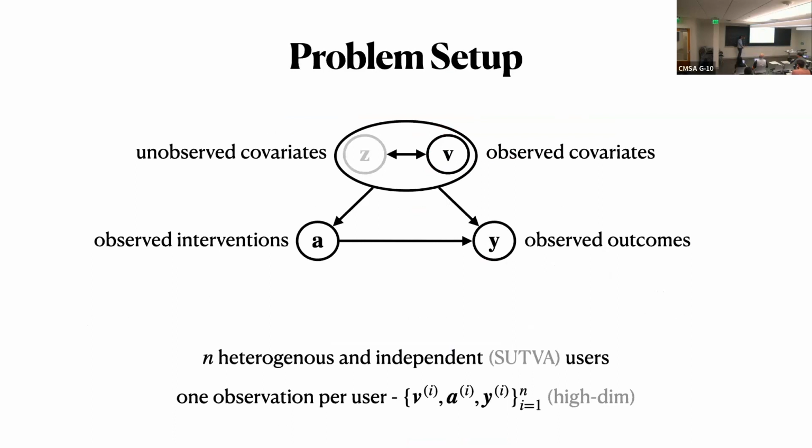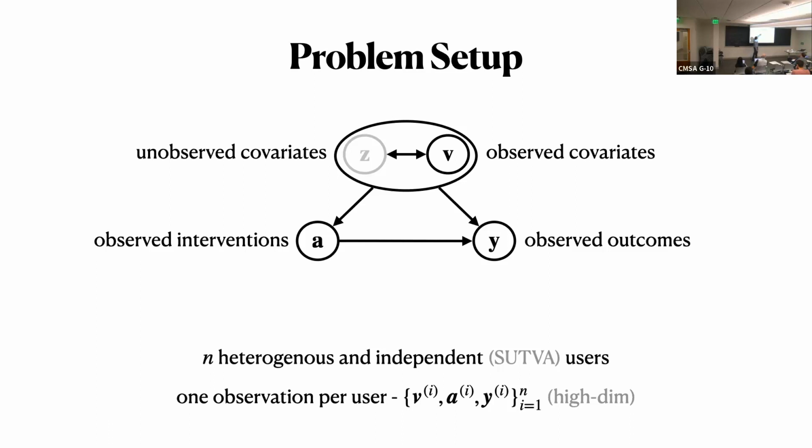So, working towards precise formalism now. We have a sequence of observations indexed by i, n of them. Each one corresponds to a user. These observations are generated under a sequence of interventions. For each setting, there are some observed covariates, or maybe none.